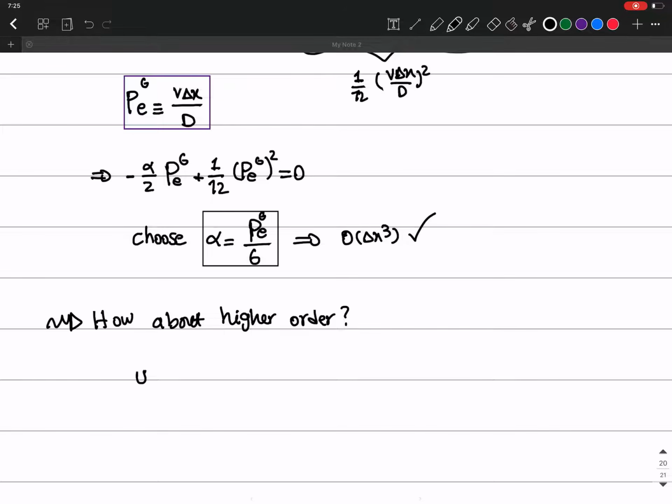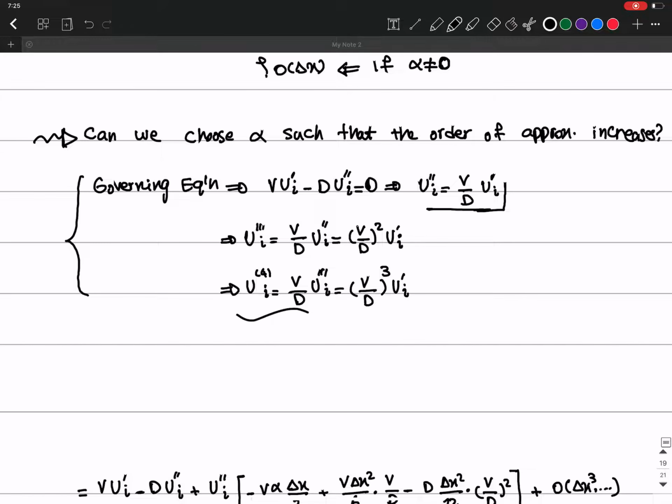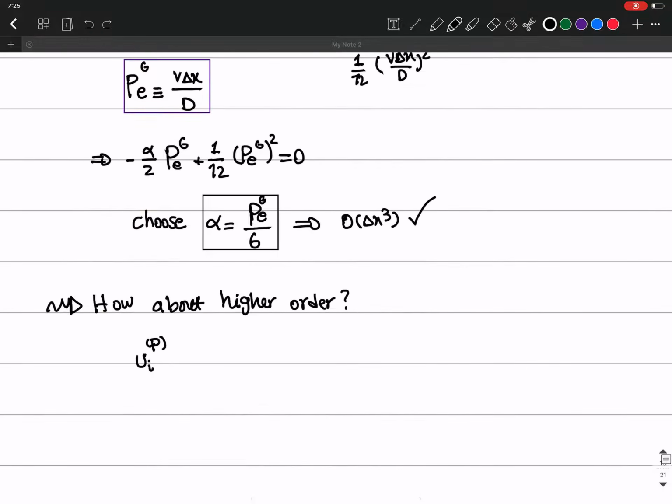Okay, so let's start. To answer this question, as we know from these relations, I can say u_i^(p), where p means the pth derivative, is going to be (v over d)^(p minus 1) times u prime i, right?